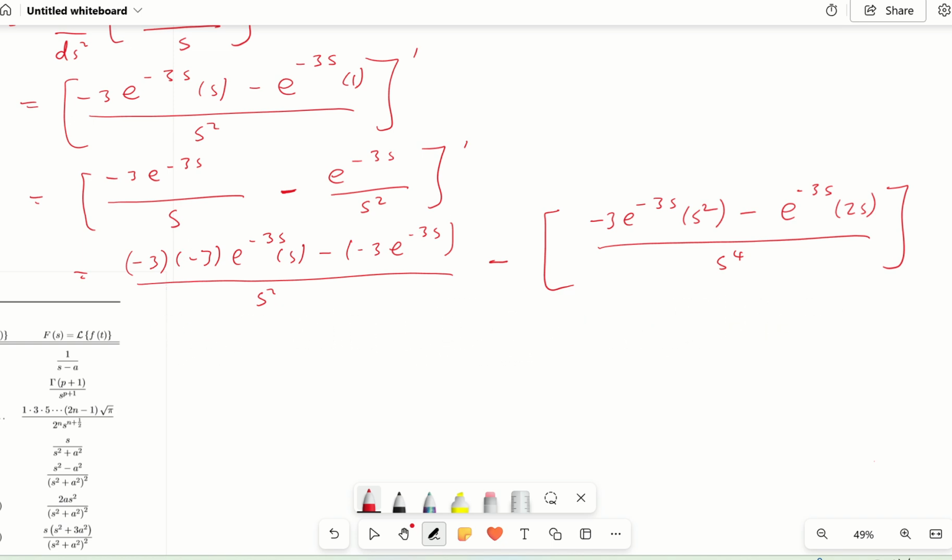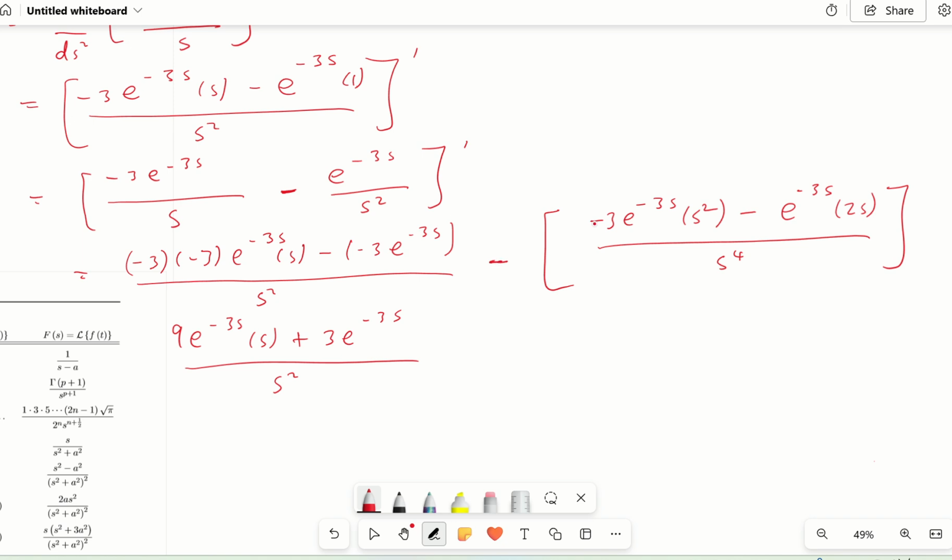So this is going to be 9 e to the negative 3s, this is s, this is positive 3 e to the negative 3s, this is all over s squared.